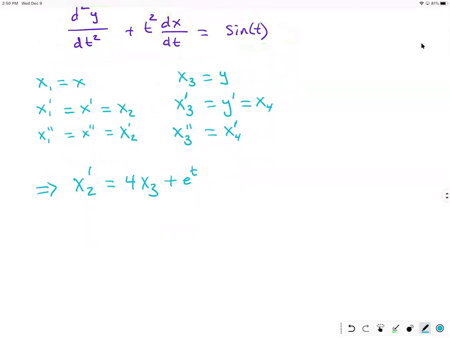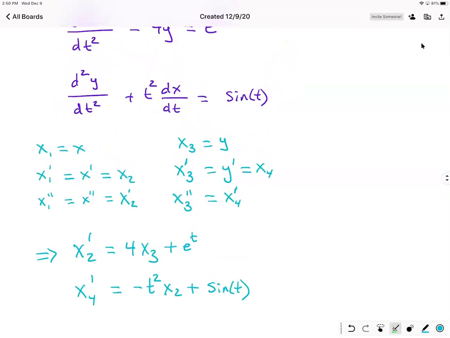So I sort of write them out of order. You have x4, take the first derivative, and that's equal to minus t squared times x2 plus sine of t. So I took this term, moved it over to the other side, so it's minus t squared, and then the first derivative of x is x2.